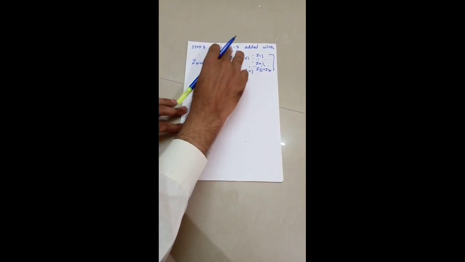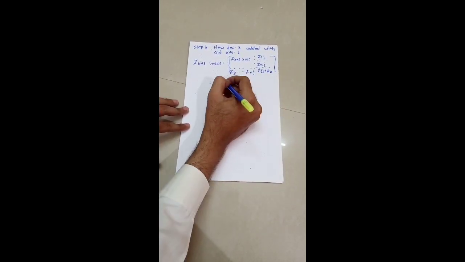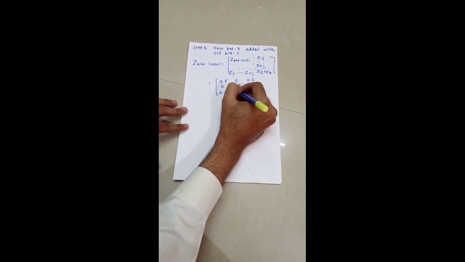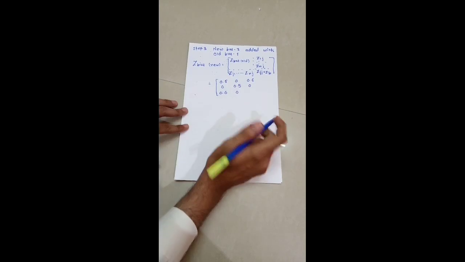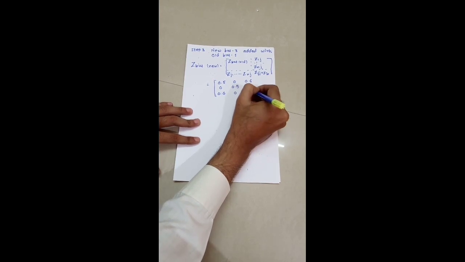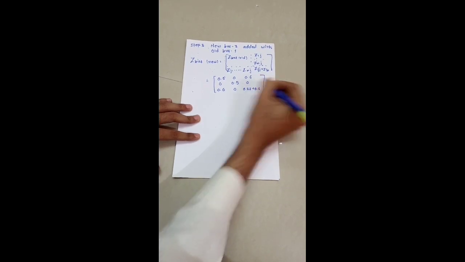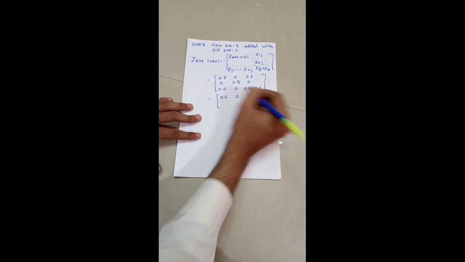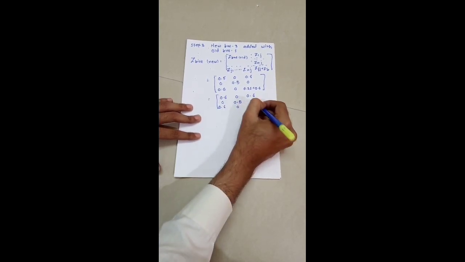Bus number 3 is connected with bus number 1, so in the third column we put 0.6, 0, and similarly in the row also 0.6, 0, and Zjj. Zjj is the line impedance between bus number 1 and bus number 3, which is 0.25 plus ZB, 0.6. So total: 0.6, 0, 0.6, 0, 0.5, 0, 0.6, 0 and 0.85.